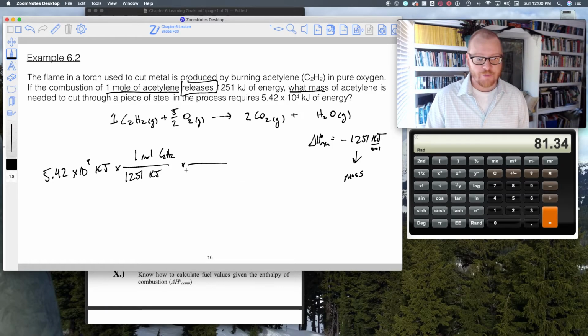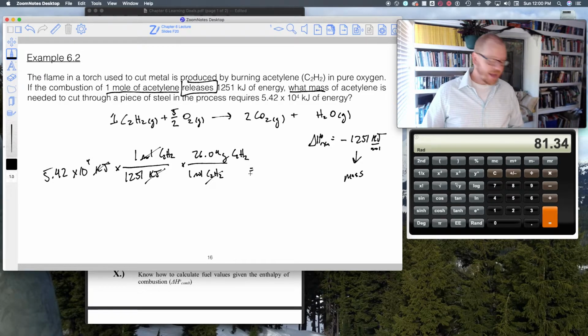And if I look this up on my periodic table really quick, 12.01 for carbon, 1.008 for hydrogen, I get that that's 26.04 grams of acetylene for every mole. So the mole and the mole cancel, the kilojoule and the kilojoule cancel. And now I can go and do this problem here.